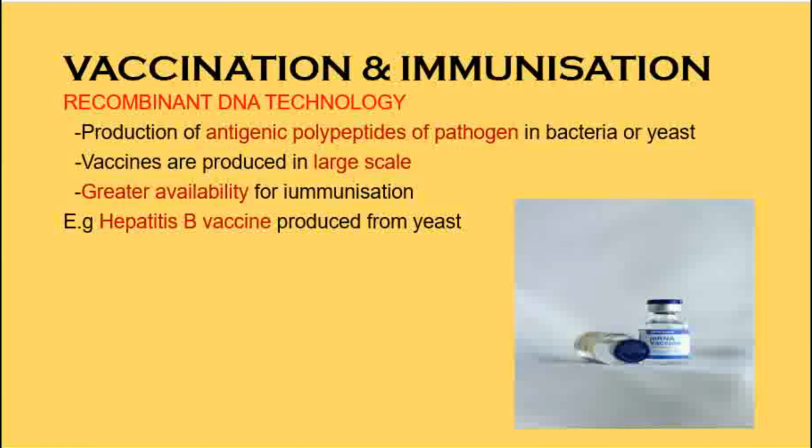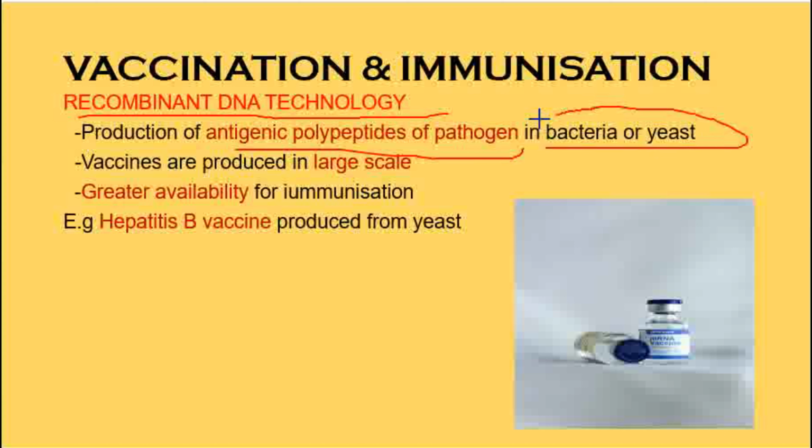Also, vaccines are produced by recombinant DNA technology. Antigenic polypeptides of a pathogen are produced in bacteria or yeast, and we can utilize them for our protection.